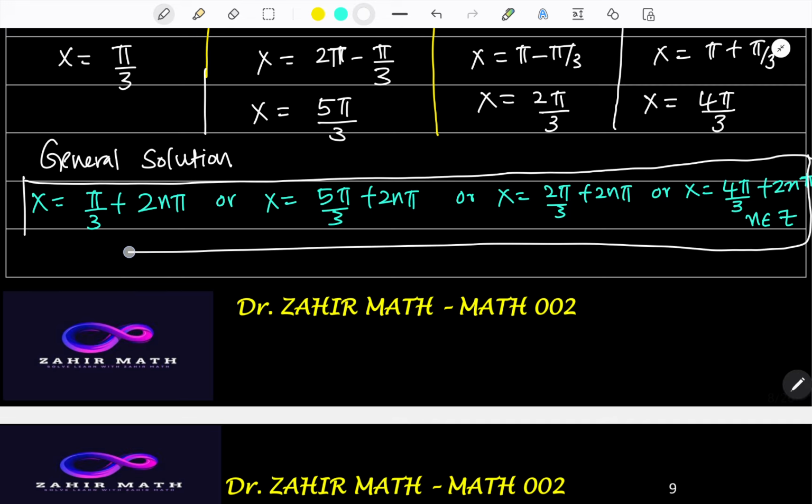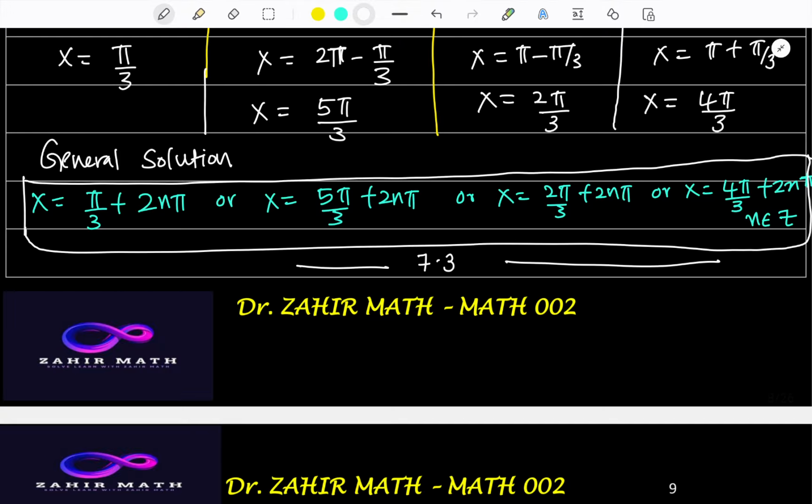Clear, all of you? So this finishes your exercise 7.3. One thing I wanted to mention is what you should be carefully remembering. Always isolate the trigonometric function first, like sin x is equal to, cosine x is equal to, tan x is equal to.